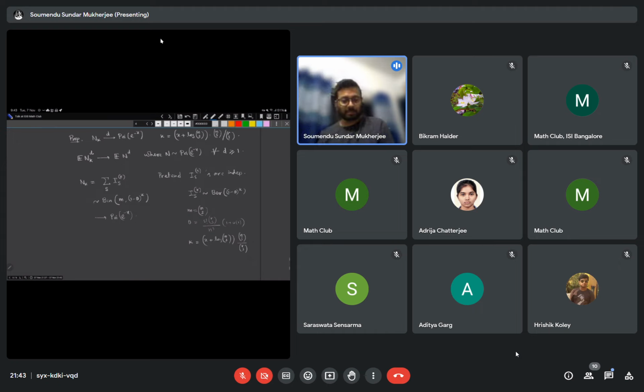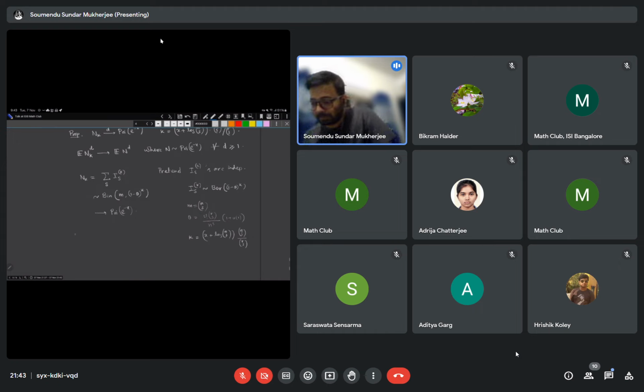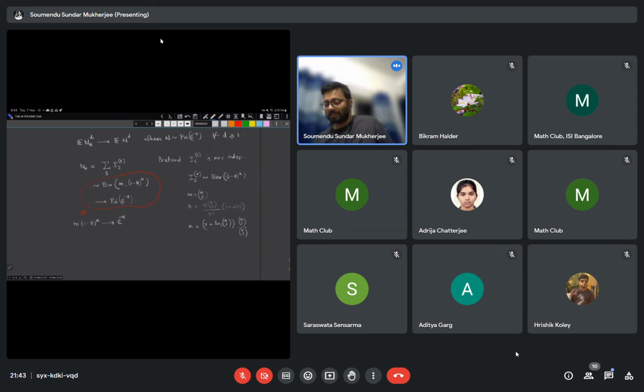So by the Poisson approximation to binomial, when does that happen? If you know that m times 1 minus theta power k, the number of tosses times the probability, goes to a constant, then we have a Poisson approximation to a binomial. So it is enough to show that if this happens, then this convergence happens. You can quickly check that this is indeed the case. If I take these as my parameters, then m times 1 minus theta power k would actually go to e to the power minus x.